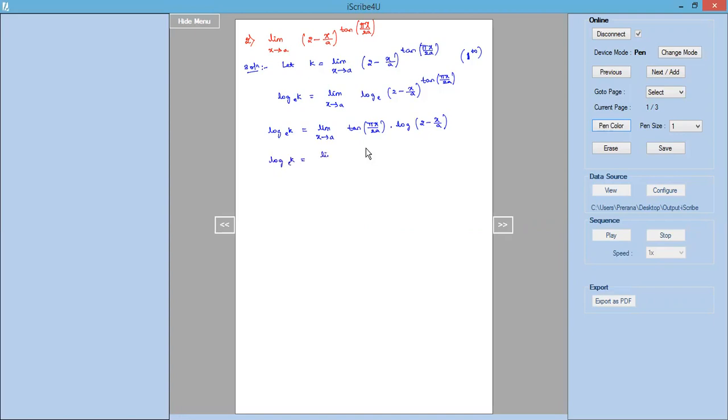So limit as x tends to a, log of 2 minus x by a, the whole divided by cot of pi into x divided by 2a, since this becomes cot in the denominator.